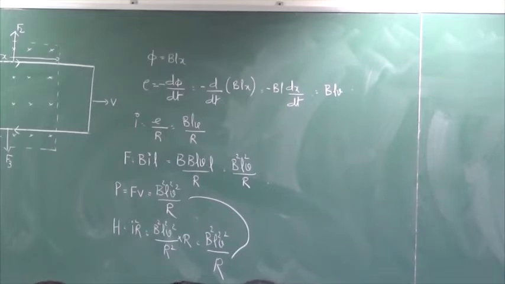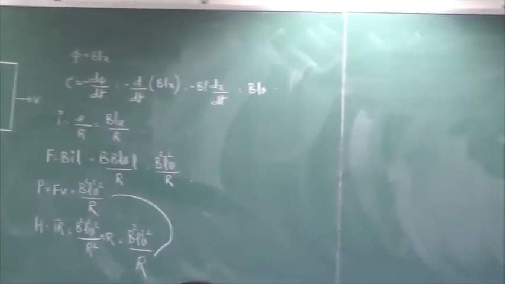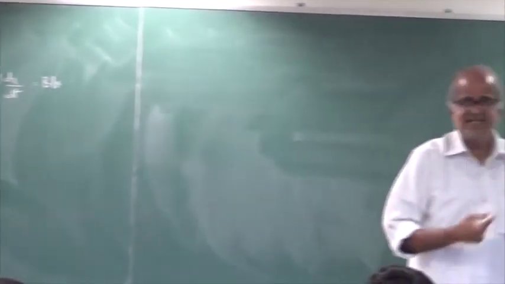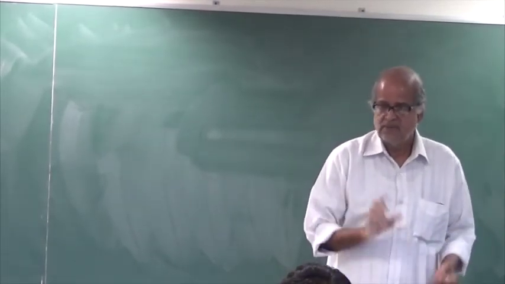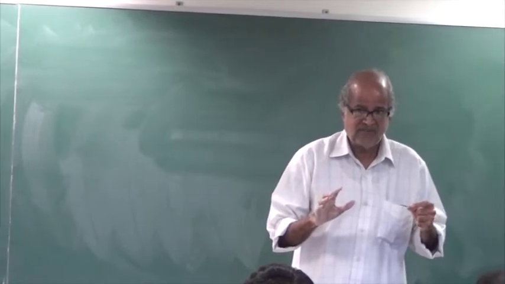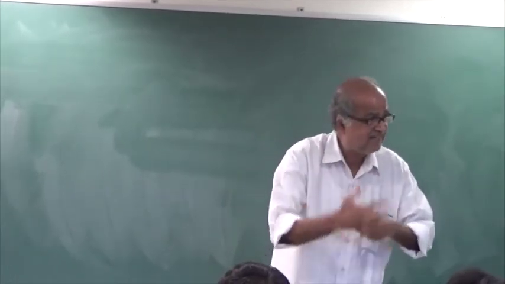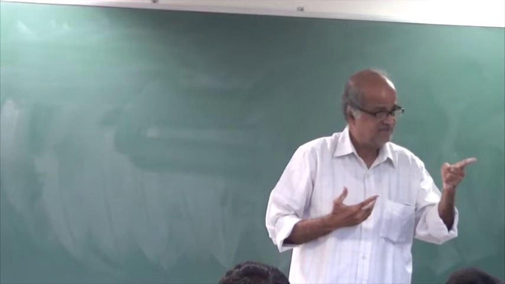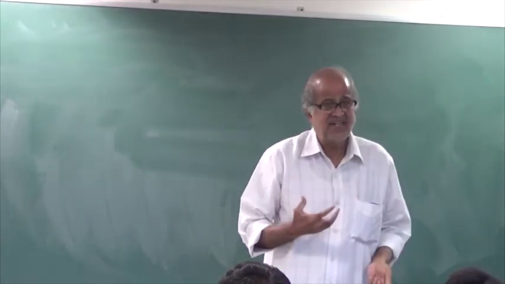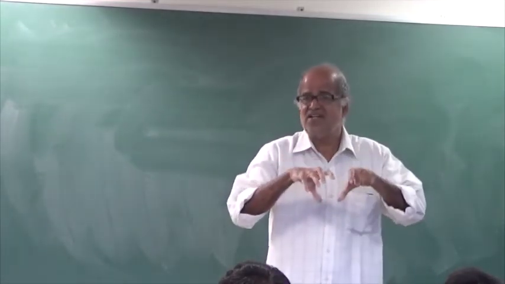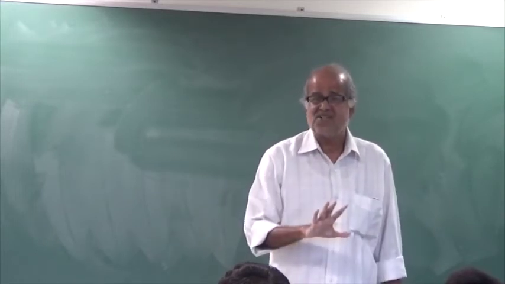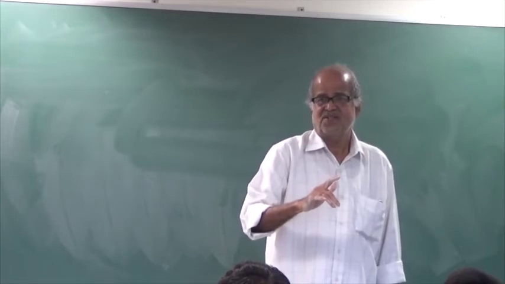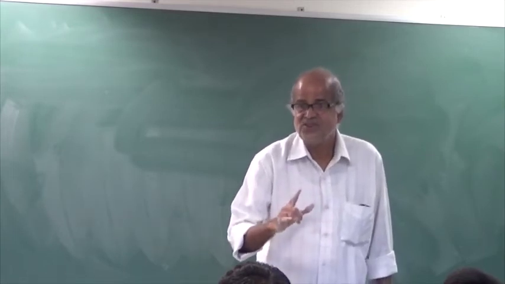Follow me carefully. Suppose you have a wire, you connect it to a battery, and a constant current flows through the wire. When a constant current flows through the wire, there is a constant magnetic field generated around it. Pictured in terms of field lines, there is a fixed number of lines of force around it. Suppose the current suddenly increases, the magnetic field increases.